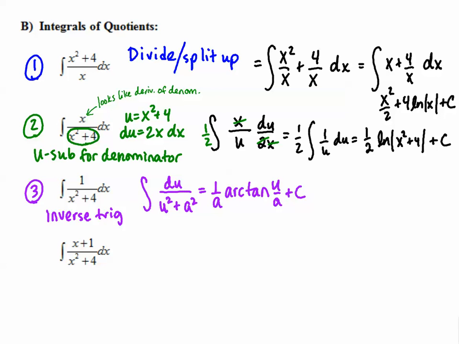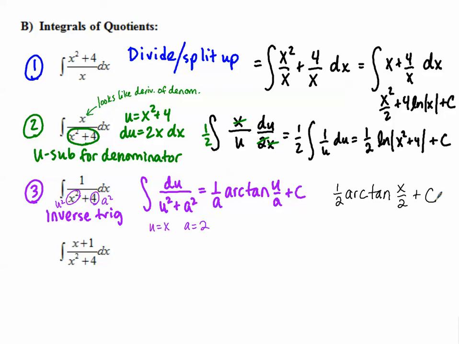So in that case, I identify my u and my a. My u squared is in that position, my a squared is in that position, so I know my u is just x and my a is just 2. So plugging it into that formula, I've got 1 over 2 arctangent of x over 2 plus c.